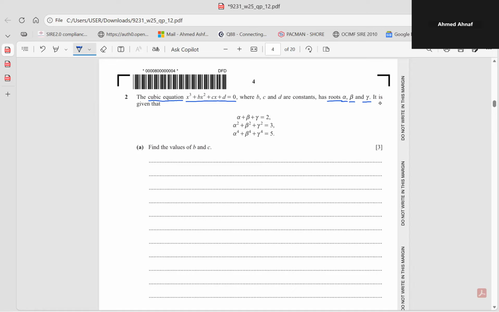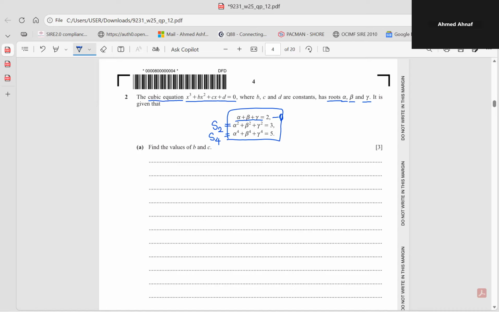We are also told that these equations are valid for alpha, beta, and gamma. The sum of roots alpha plus beta plus gamma is equal to 2. And the sum of the root squares, which we can write as S2, is equal to 3, and S4 we can write as 5.